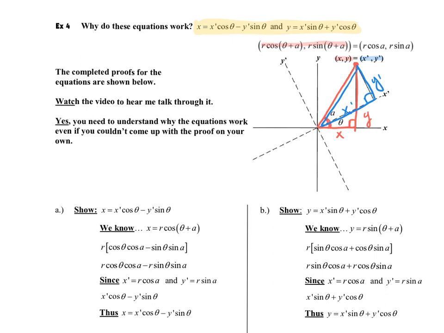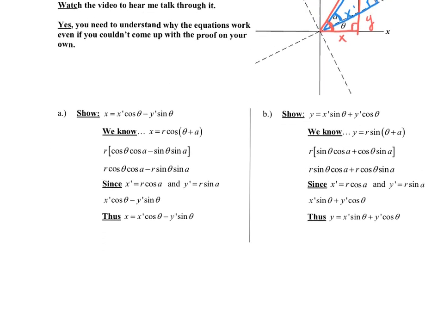We could convert that, and we'd have r cosine a and r sine a, because the angle inside that triangle is just the a. Now we're going to use these four ordered pairs, which are just four ways of writing this exact same point, to understand how we get to these equations right here.